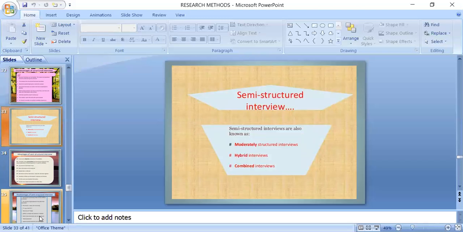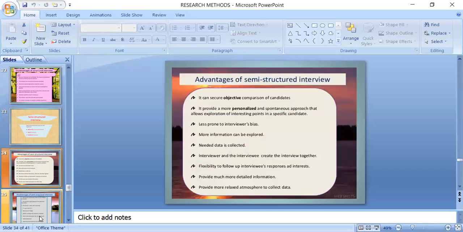Semi-structured interview is also known as moderately structured interview, hybrid interview, and combined interview. In short, semi-structured interview is the most important one.